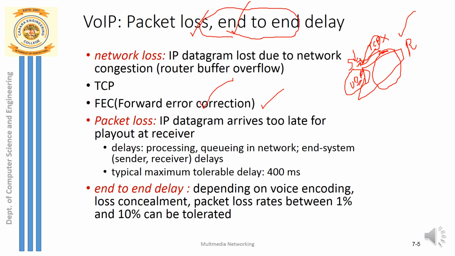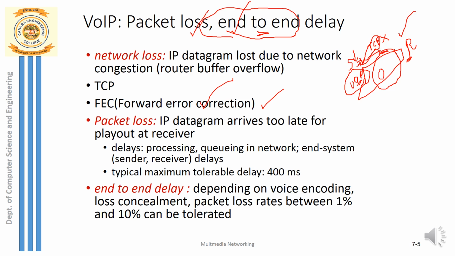Varying talking spurts means the sender's speaking rate varies, and for each of those rates, the sending traffic should be adjusted accordingly, and the receiver's playing rate should also be adjusted accordingly. So we will see in detail what this end-to-end delay is.